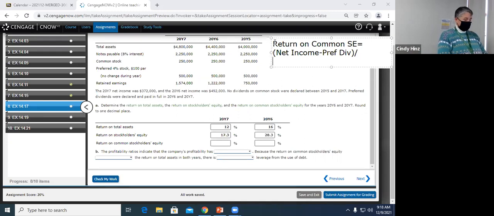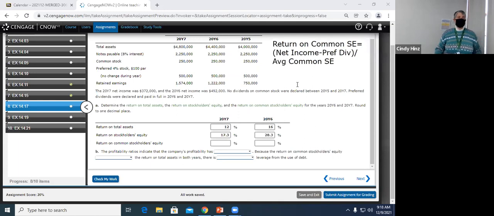And then the denominator is average common stockholders' equity. It's basically the same calculation, but from the numerator, we subtract out the preferred dividends, and from the denominator, we subtract out the book value of the preferred stock.